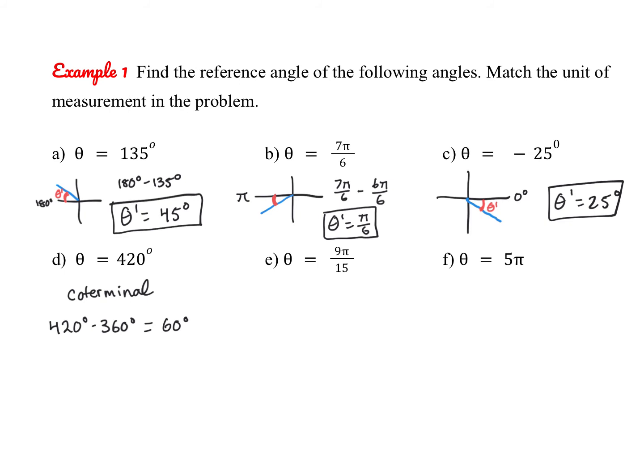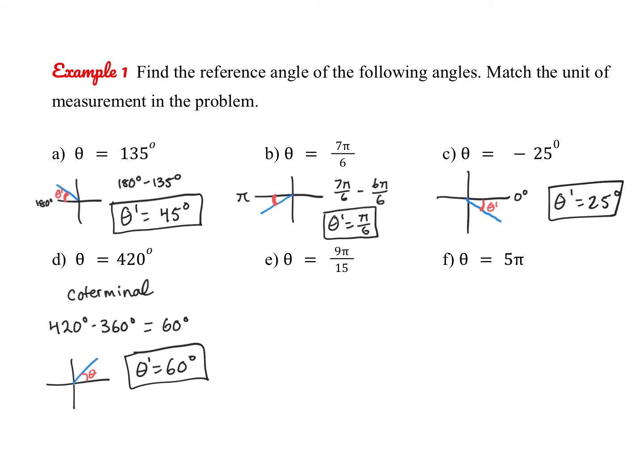So we can actually just use 60 degrees instead of 420 degrees. They will have the same reference angle. Well, and of course 60 degrees is just in quadrant 1. It's right here. So our reference angle will also be 60 degrees because that's the distance to our closest x-axis, which is 0 degrees right here.